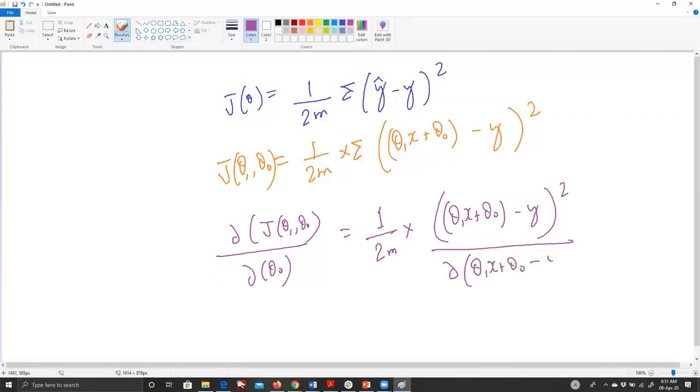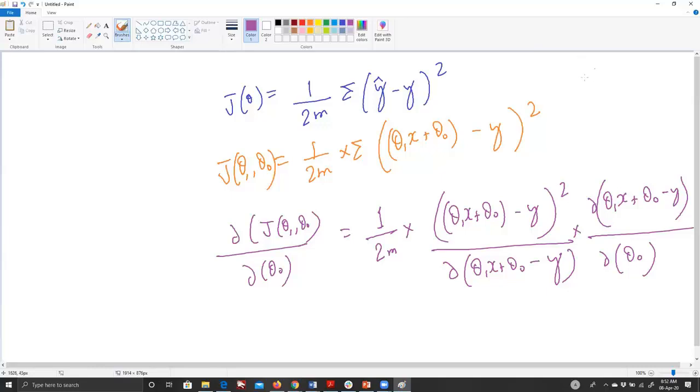You have to be careful, it's going to be chain differentiation now. Remember the chain rule? Now remember, y will behave like a constant here, because y is known, y is not a variable. So you want to differentiate in terms of theta naught. When you take a partial derivative, theta 1 will also behave like a constant. Agreed?